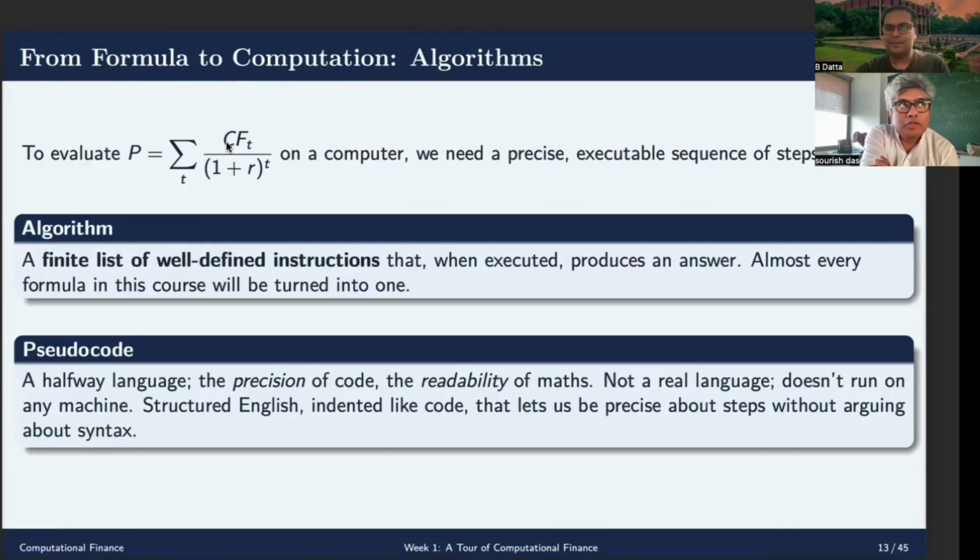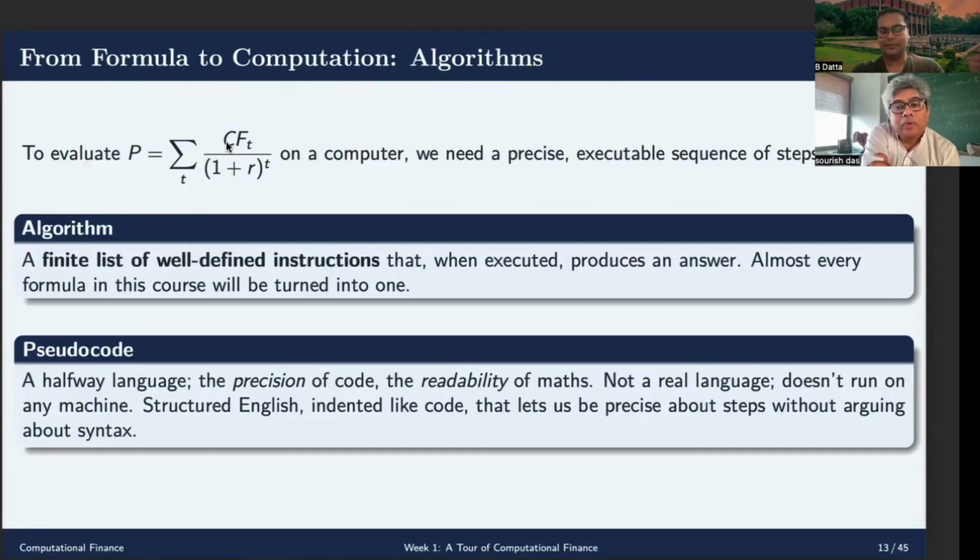Absolutely. So if my pseudocode is correct, then whether I'm running it in R or Python or any other language, it doesn't matter, right? So that is one of the reasons. It is better to write it as an algorithm or pseudocode.